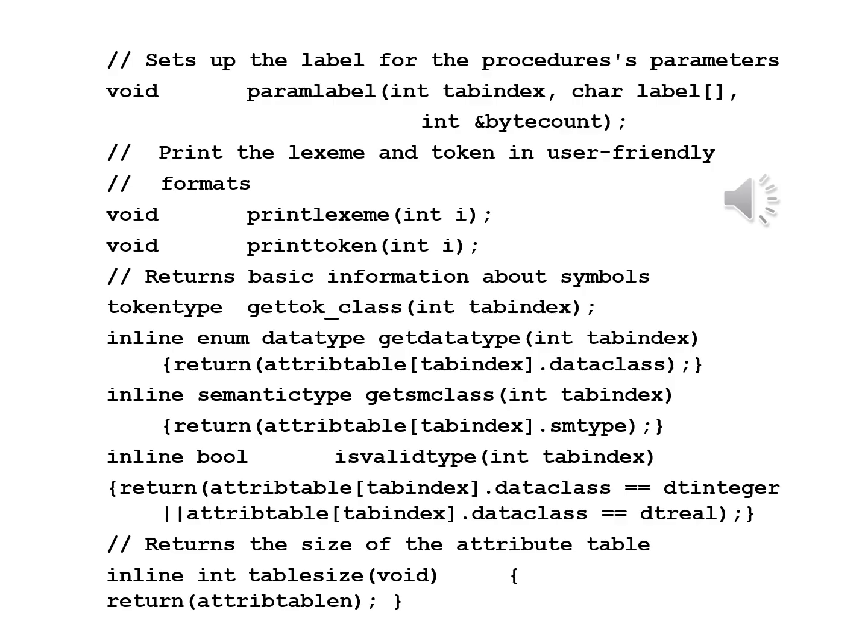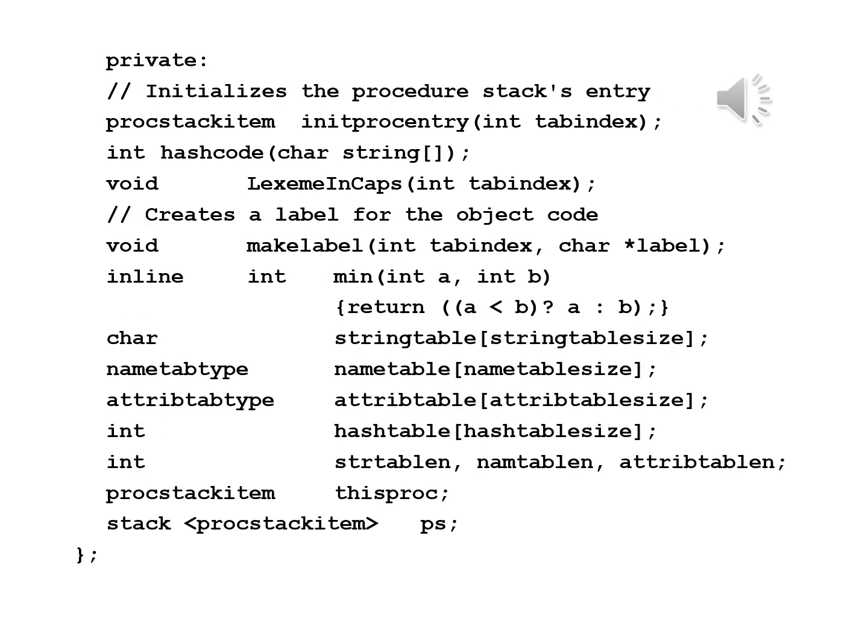IsValidType returns true if the identifier belongs to a float or integer type, and table size returns the allocated size of the attribute table. Here we have the private methods as well as our data. Init proc entry initializes the entry that we create for the current symbol on the procedure stack.